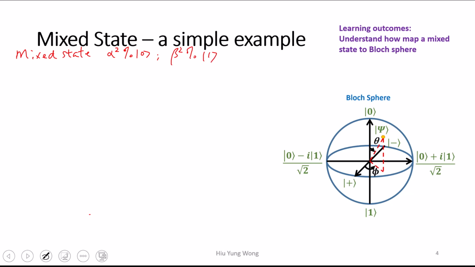Right? So this is a mixed state composed of two pure states, 0 and 1.